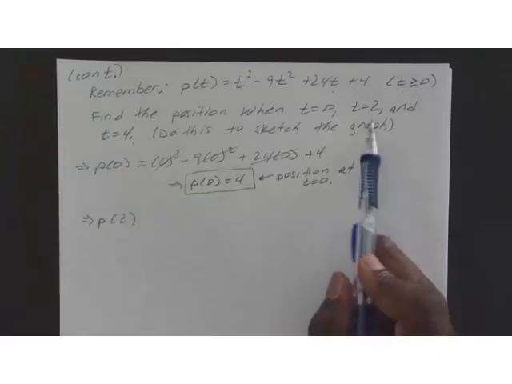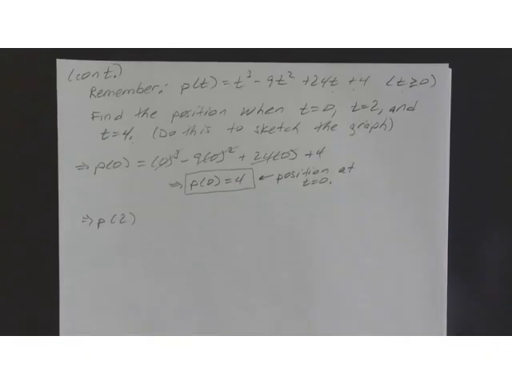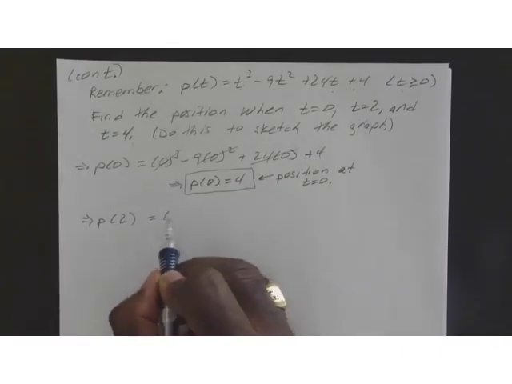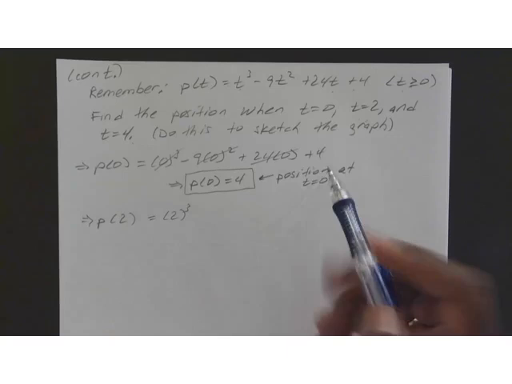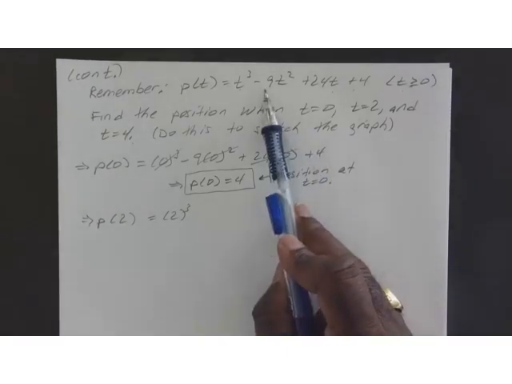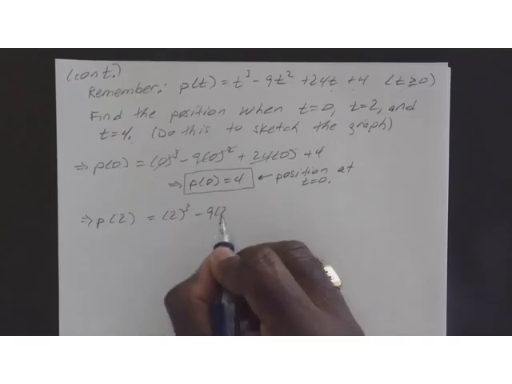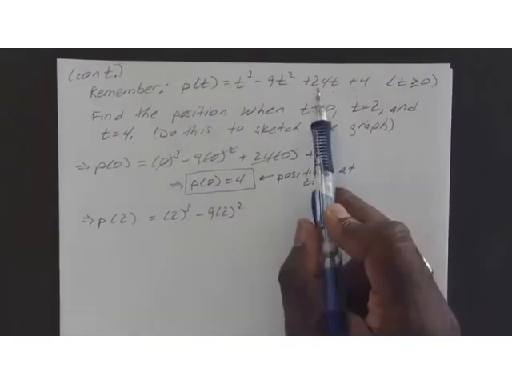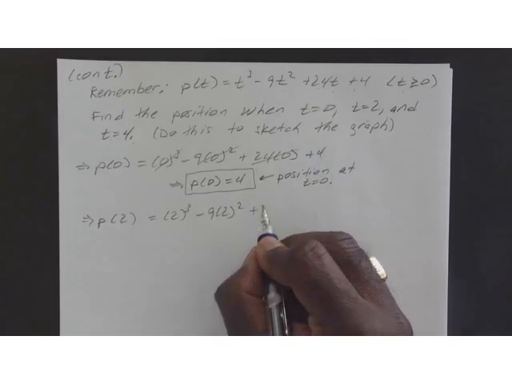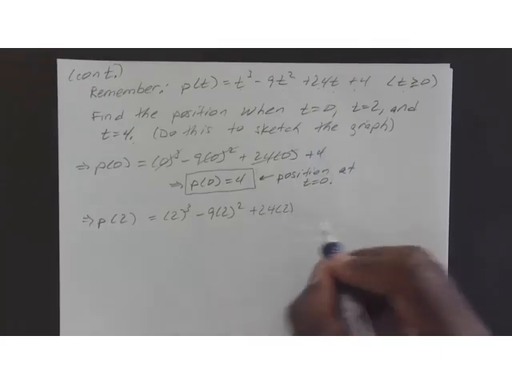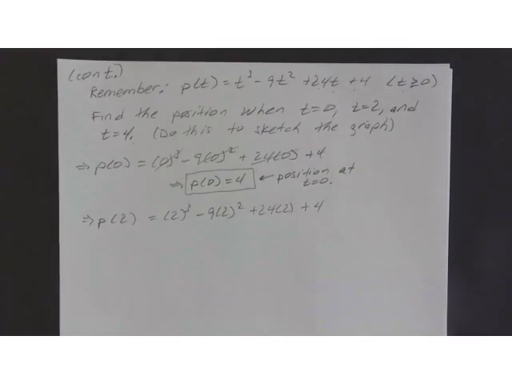Our position at 2 seconds is equal to 2 to the third power minus 9 times 2 squared plus 24 times 2 plus 4.